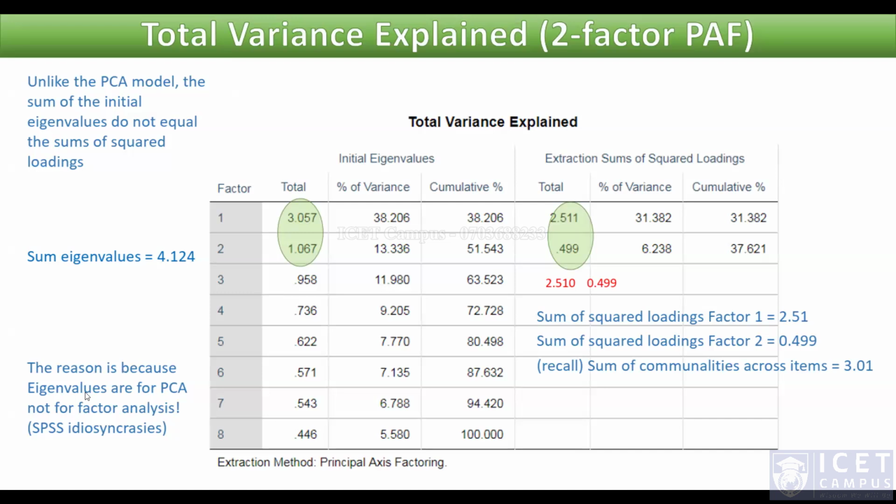The reason is that the eigenvalues are for principal component analysis, not factor analysis; these are SPSS idiosyncrasies. Right? So the squared loading is factor 1. There are two factors actually. So we reduce to two factors using this principal axis factoring method.